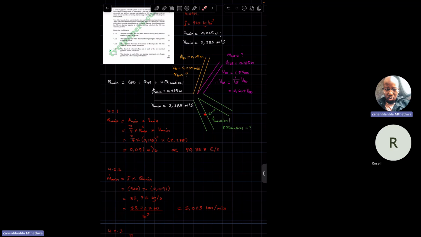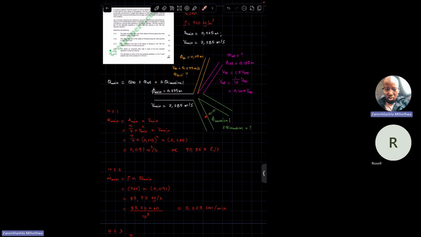Remember that we are told that of the four pipes, two of them are identical, meaning they have the same diameter. Because they have the same diameter, they will have the same velocity as well. Having the same velocity and diameter means they will have the same flow rate.